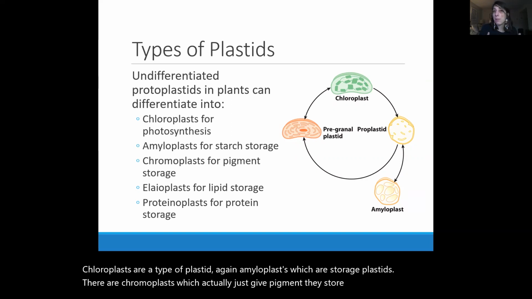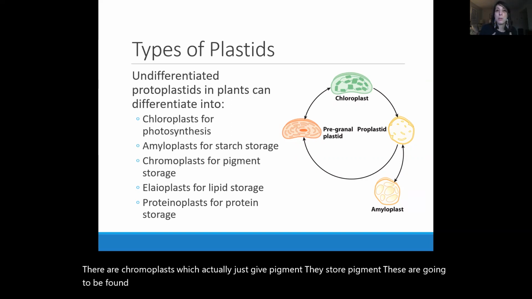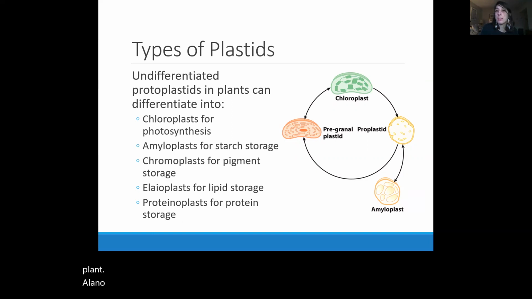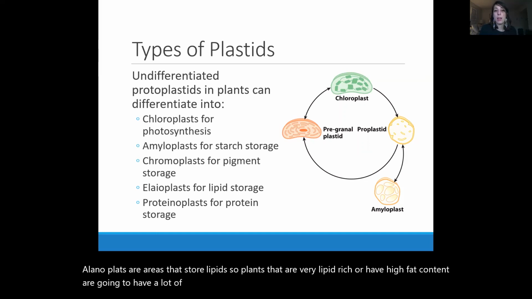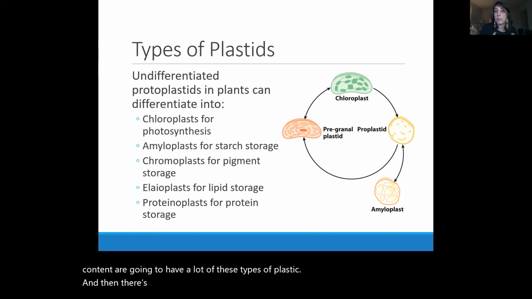These are going to be found in flowers, for example, where you have a very pigmented part of the plant. Elaioplasts are areas that store lipids. So plants that are very lipid rich or have high fat content are going to have a lot of these types of plastids. And then there's also proteinoplasts, which are for protein storage.